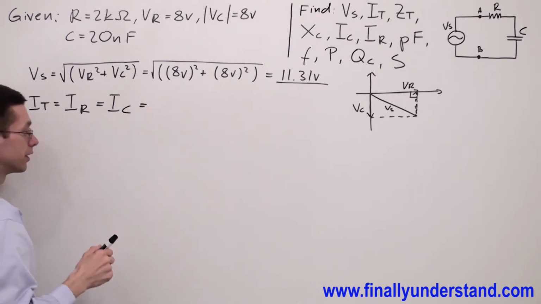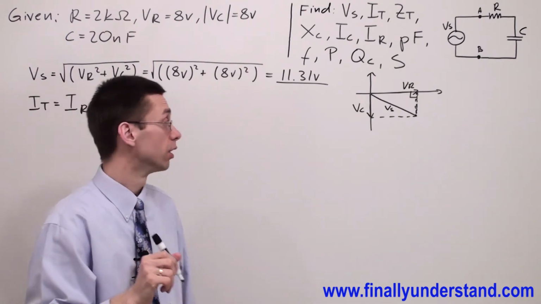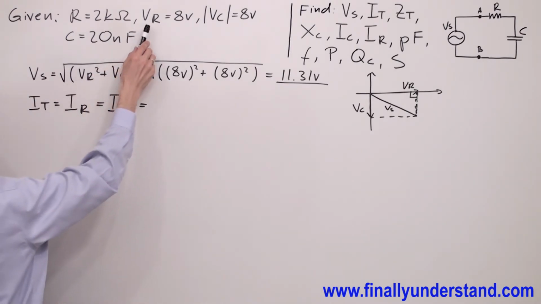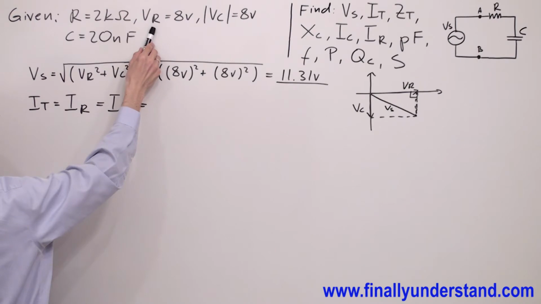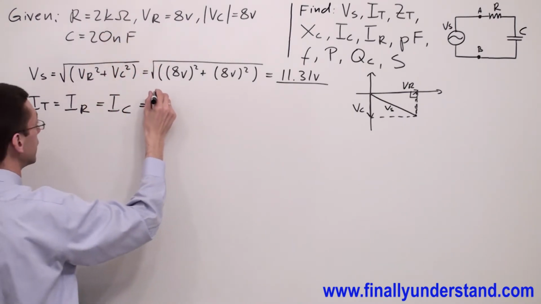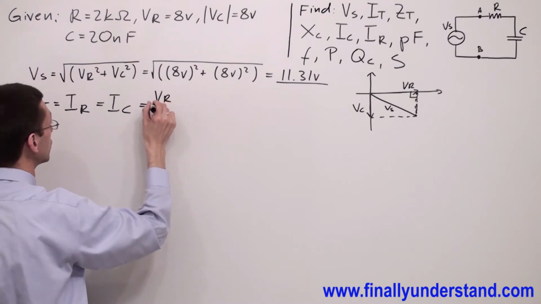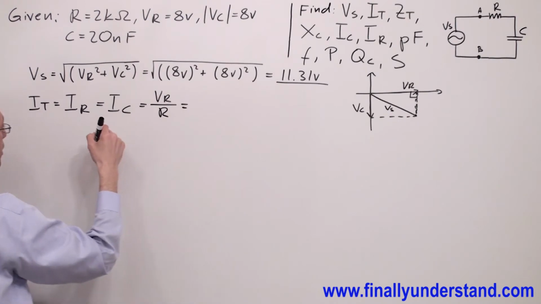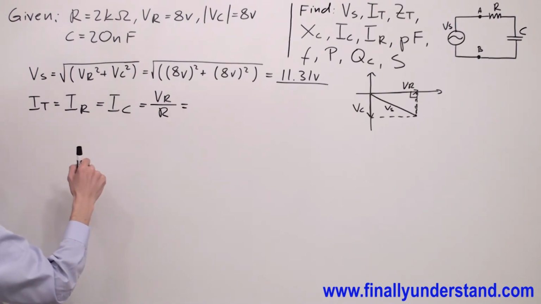Now, how can we find the current? Please notice that we have two pieces of information across the resistor. We have the voltage across the resistor and we have the resistance. So if you divide the voltage across the resistor by the resistance of the resistor, you are going to find the magnitude of the current in the circuit.